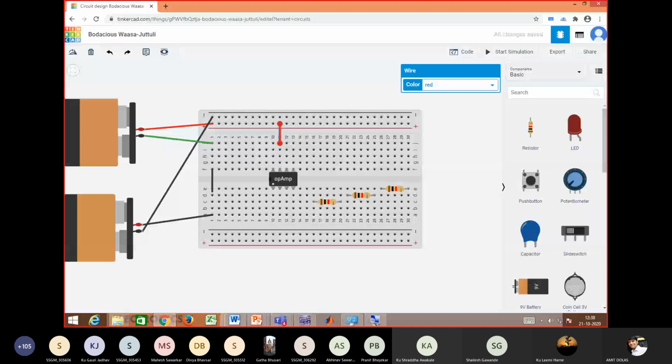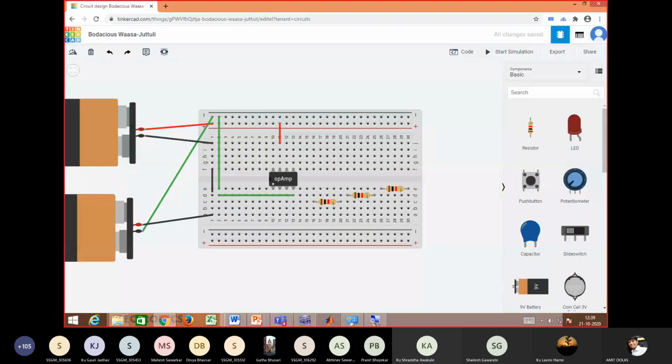So pin number 4 I'll take it here somewhere, and it is connected to the negative. Black color is ground, green color is negative, red color is positive.